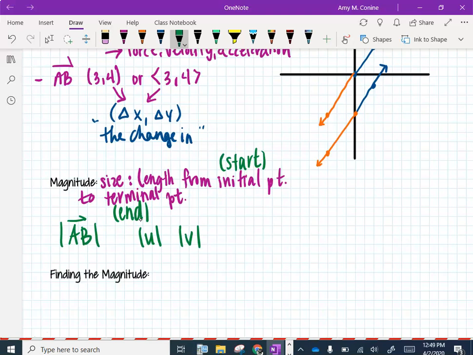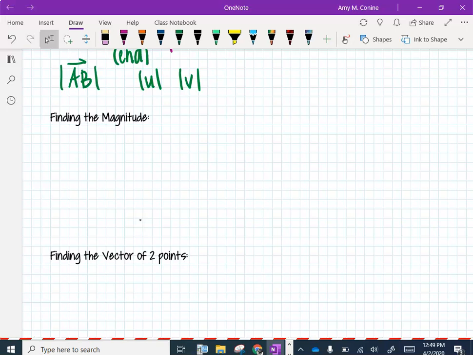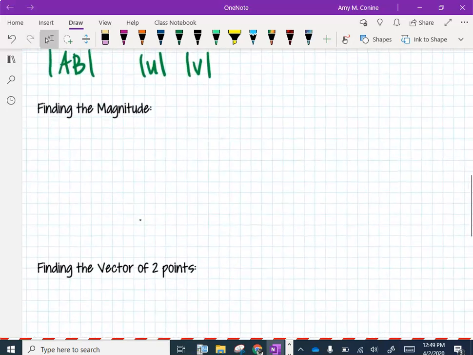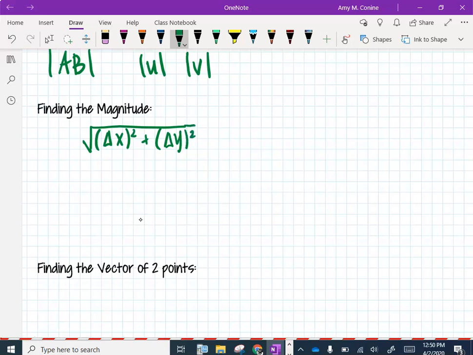So to find magnitude, and this is where our distance formula is going to come back into play. To find magnitude, you would take the square root of the change in your x's squared plus the change of your y's squared. So this is very similar to our distance formula.